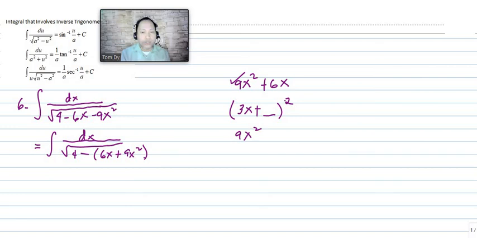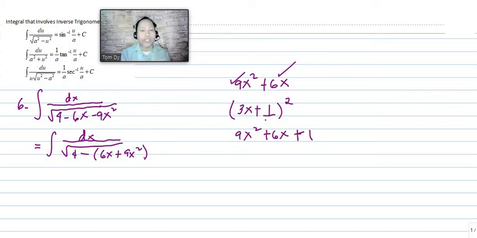And then 2 times 3x, that is 6x, times 1. So again, 2 times 3x times 1 equals 6x, which means they are equal. And then 1 times 1 equals 1.